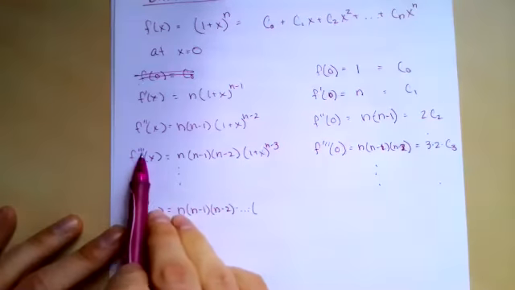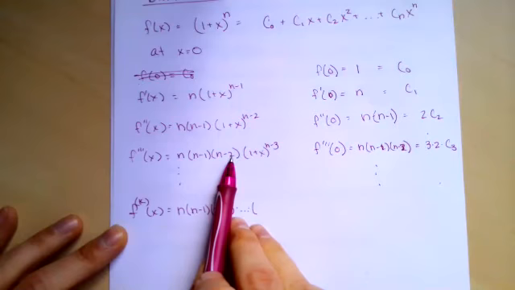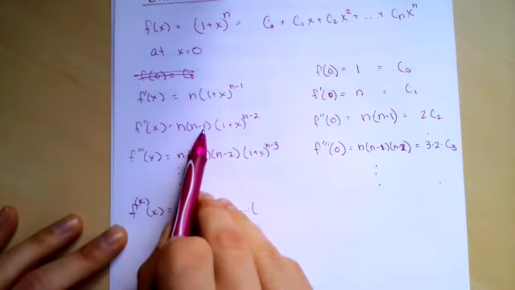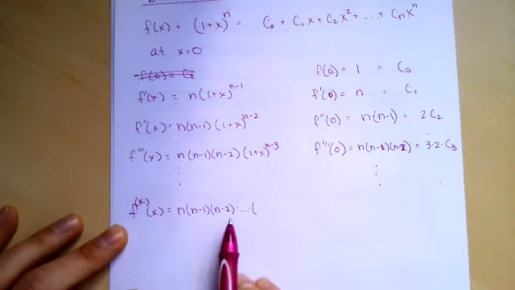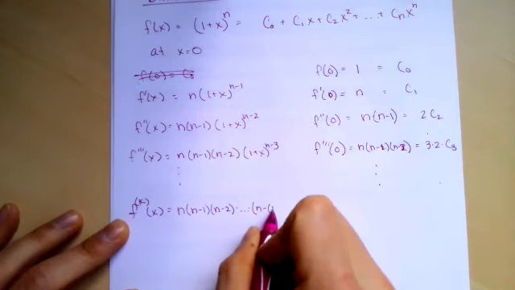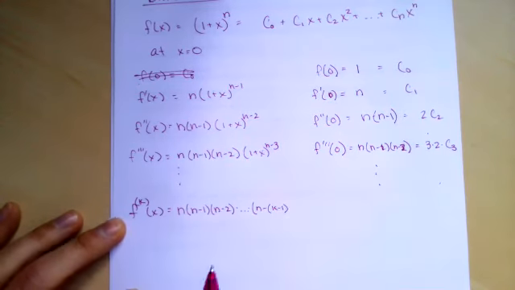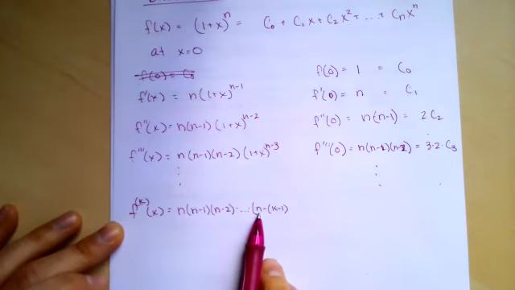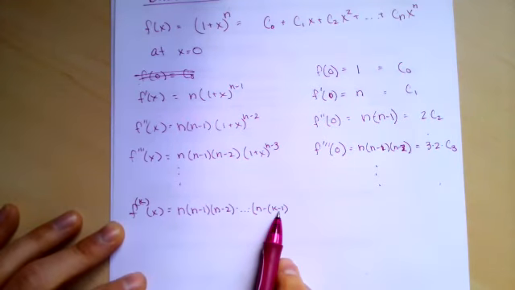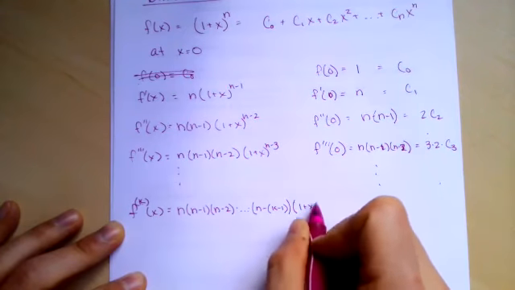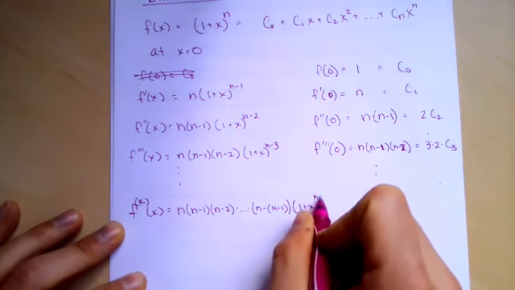Well, for the third derivative we stop at n minus 2, and for the second derivative we stopped at n minus 1. So this will be n minus k minus 1. If I'm taking 4 derivatives, n minus 3 is where we stop. And then, of course, we have our (1 plus x) to the n minus k.